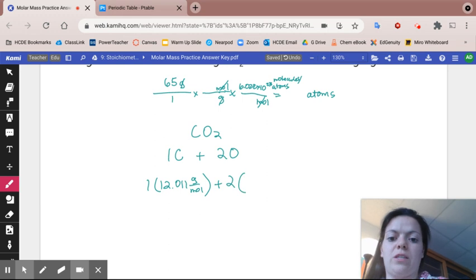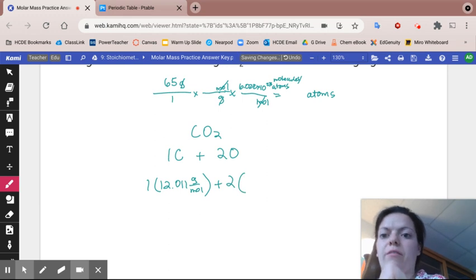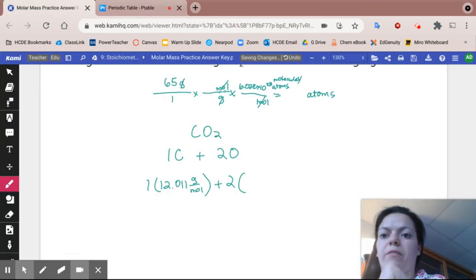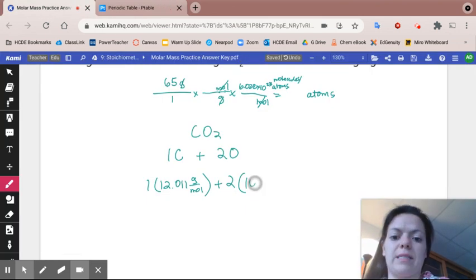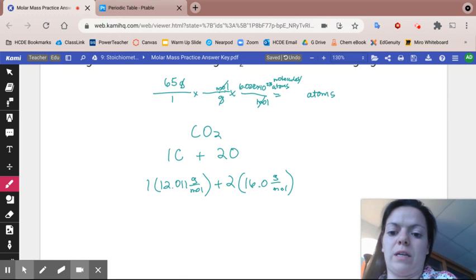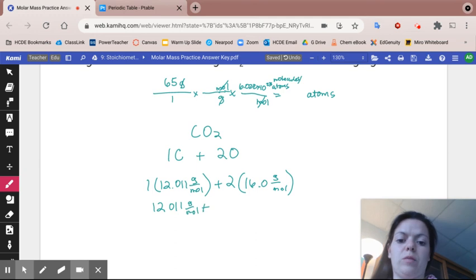And if I add that to the oxygen's mass, I'll have the total for CO2. So oxygen is 15.999, which again, I'm going to round up to 16.0. You have my permission to do that anytime you run into oxygen in your calculations, okay? And so now I'm going to multiply 1 times 12.011, which is going to be 12.011 grams per mole, and I'm going to multiply 16 times 2.